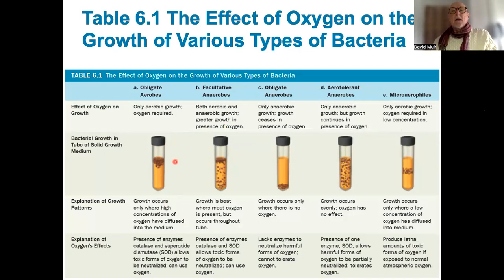If we just take a tube like that, we boil it, drive off all the oxygen, and then leave it to the atmosphere, what we'll find is that it will build up a high oxygen concentration up here, a much lower one here, and an absence of oxygen here at the bottom.